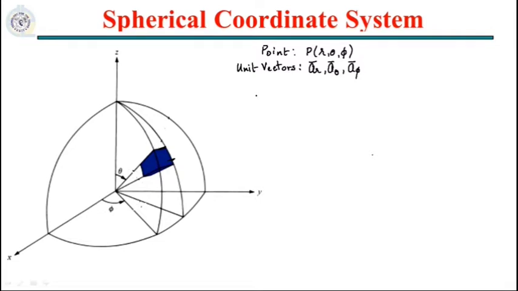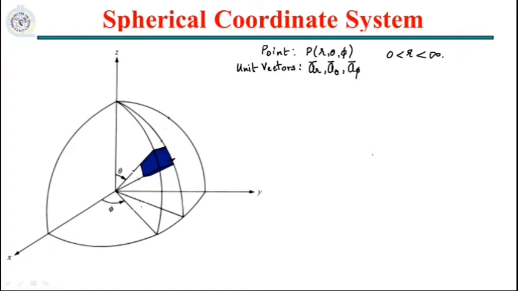Before we move ahead, let us quickly look again at the range of the angles, because this understanding is important. First let us start with R. What is the range of R? The least value R can have is 0 and it can go up to infinity.